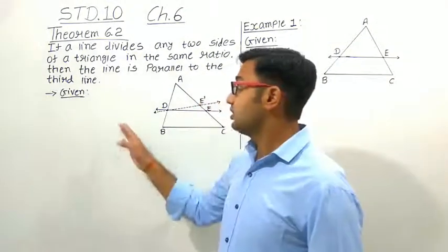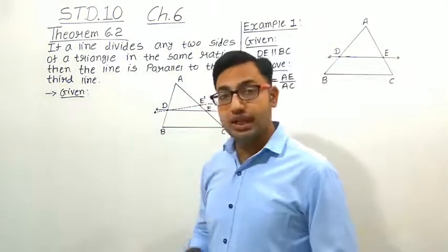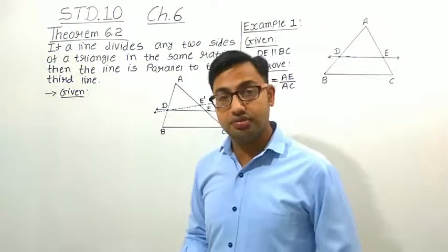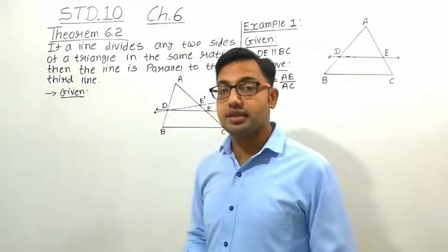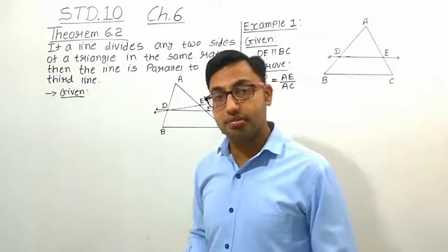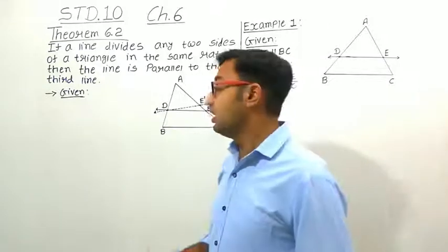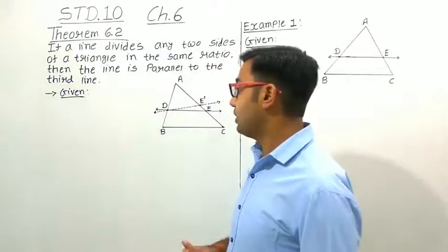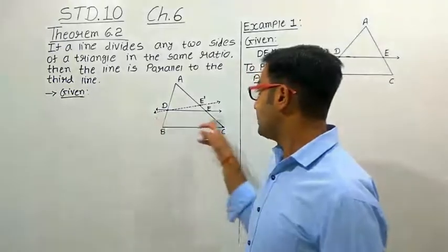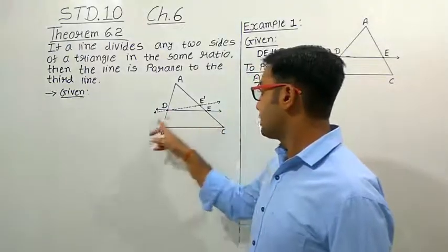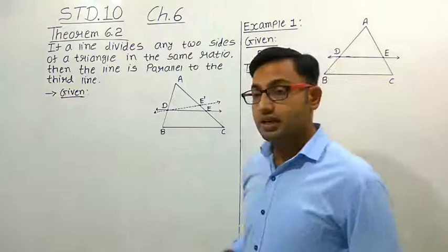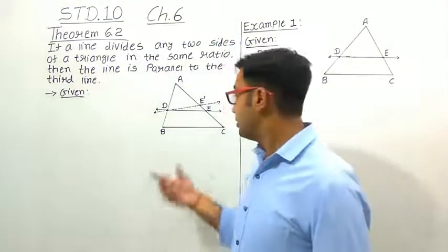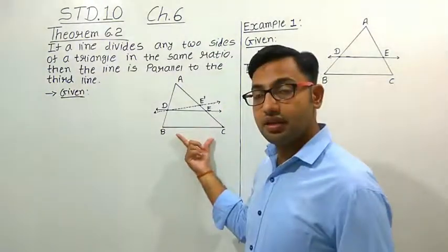So this is Theorem 6.2, and it is the converse of the theorem that we have studied as the Basic Proportionality Theorem, Theorem 6.1. In this theorem, we have not been given that the line DE, which intersects two sides of the triangle, is parallel to the third side BC, right?